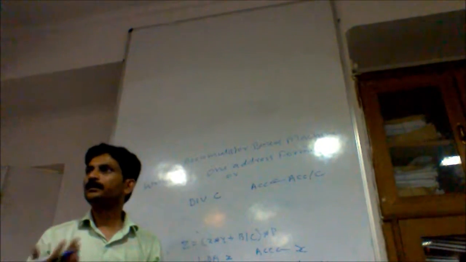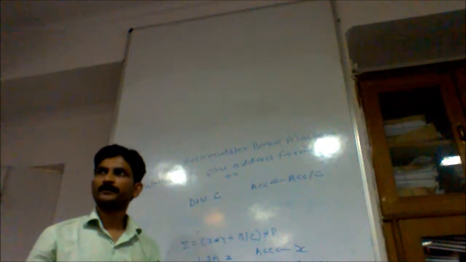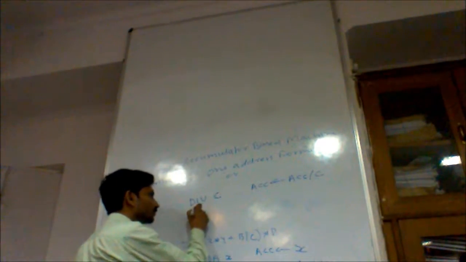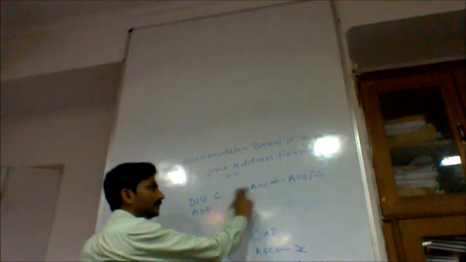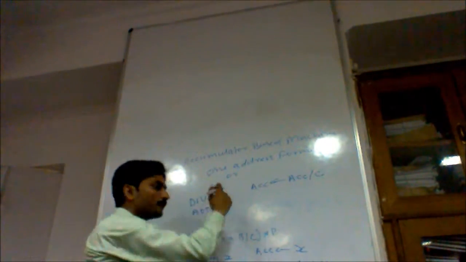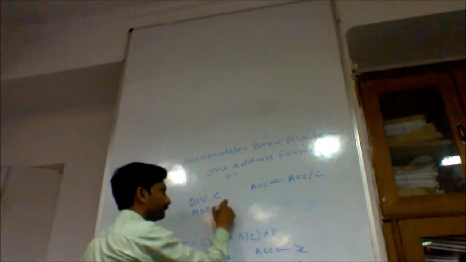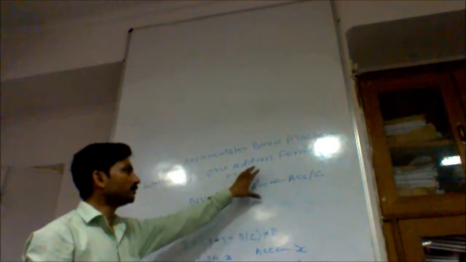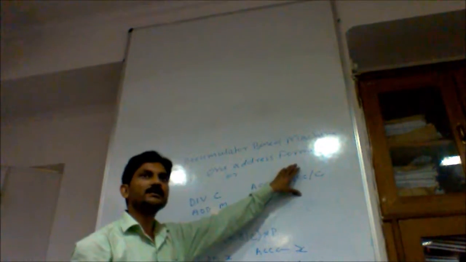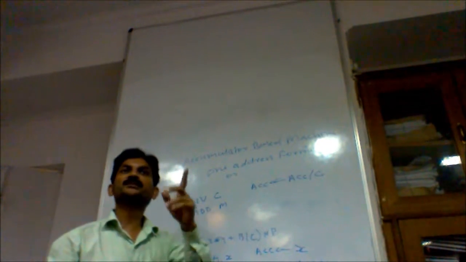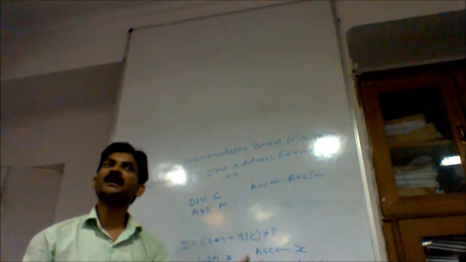So accumulator divided by C means you are dividing the value of B by C. Then next, simply perform the addition: add M. Why are you storing? Because you have to add, see the logic. If you were not storing it, one more instruction would be needed, so the cost will be high.